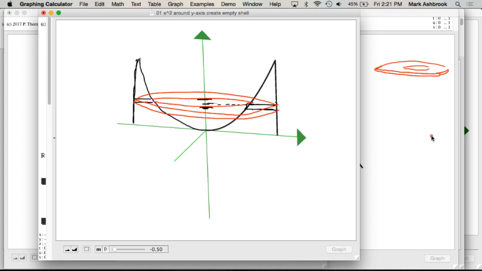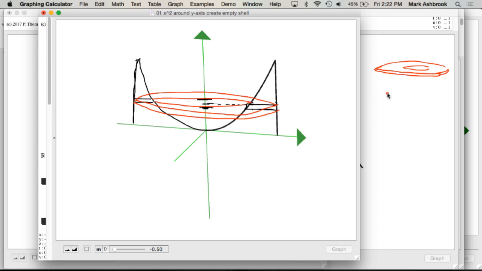As y increases, what dimension of this cylinder will increase? R or height or both? Just height, right? Because the inner and outer radius are going to be fixed in the current interval. As y increases, the height of that thing is going to increase.